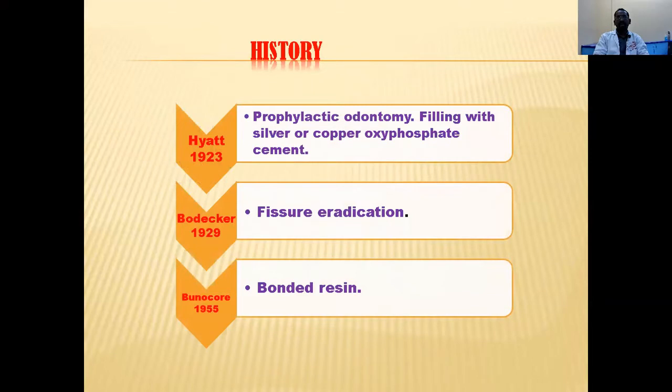Coming to the history, Hyatt in 1923 described prophylactic odontomy. He named it prophylactic odontomy, filling with silver or copper oxyphosphate cement. Bodecker in 1929 found fissure eradication, because fissures are the main reason for the formation of caries. Buonocore in 1955 found the bonded resins which avoid the formation of caries in pits and fissures.